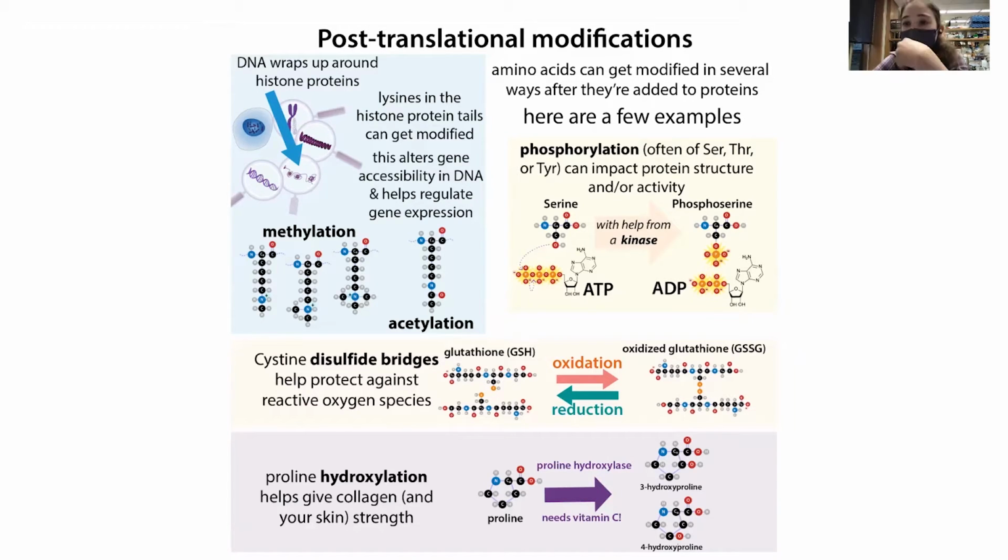And the problem is it can be really hard to alter exactly where you want to alter. For example, if you're using some sort of reagent, some chemical that's going to modify lysines or cysteines, to add a fluorescent label to them, it's going to do that to all of them, basically all of them that it has access to, at least those on the surface.